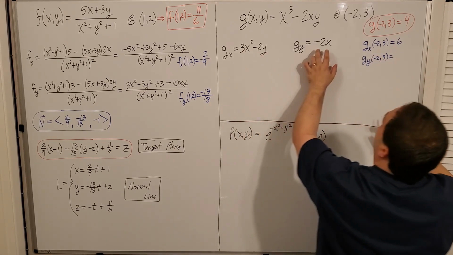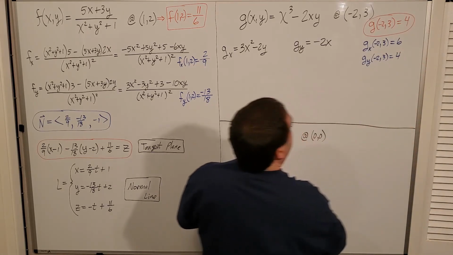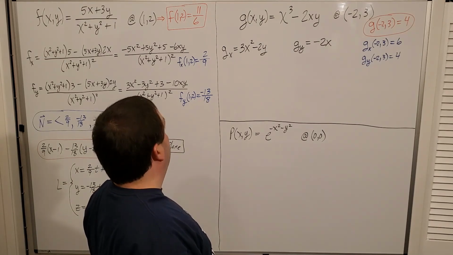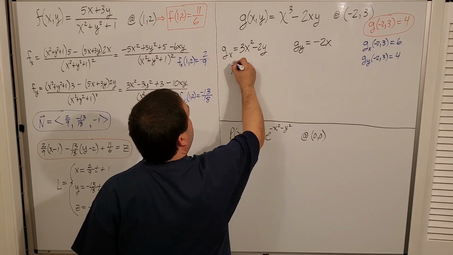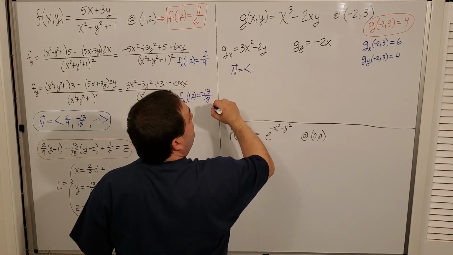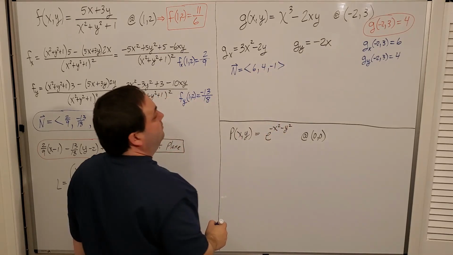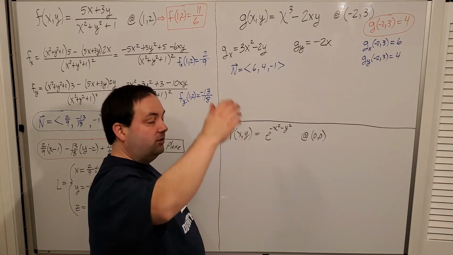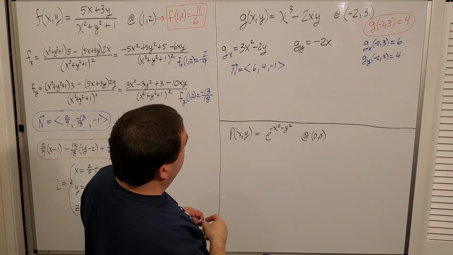And g sub y at negative 2, 3. Of course, the x value doesn't matter here. It's just going to be 4. It's negative 2 times negative 2. All right. So then my normal vector, in this case, is just going to be 6, 4, negative 1. That was the formula for the normal vector: the partial derivative of x, partial derivative of y, and the negative 1.